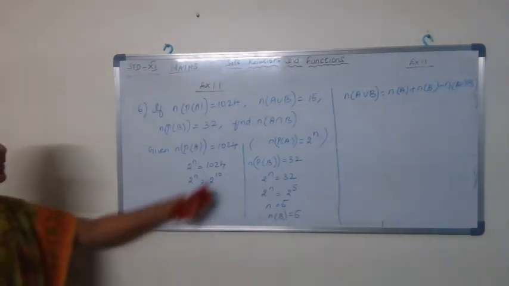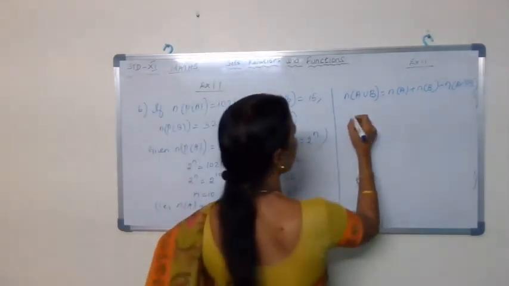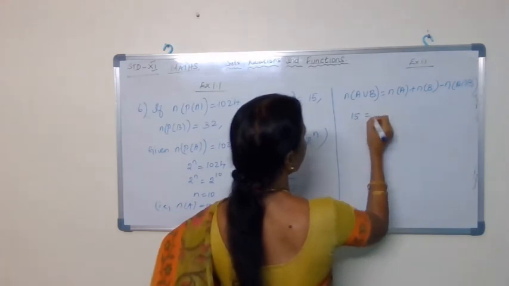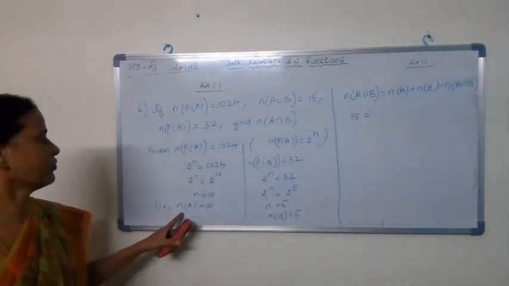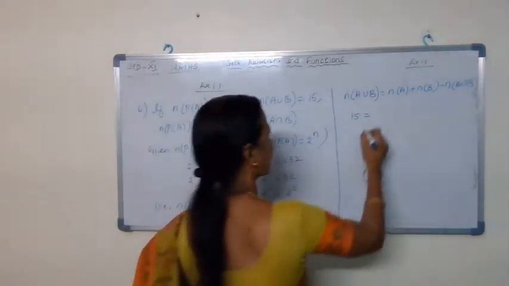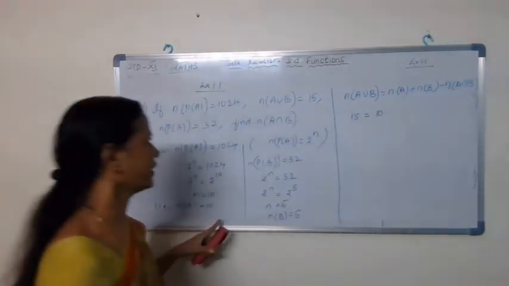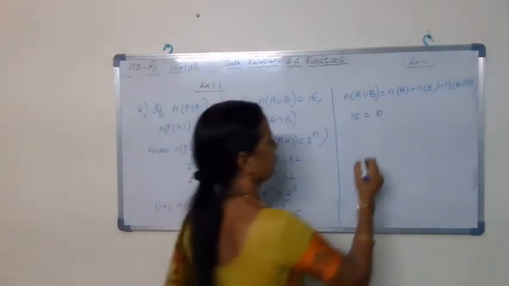n of A union B is given as 15. n of A we have found out is 10, and n of B is equal to 5.